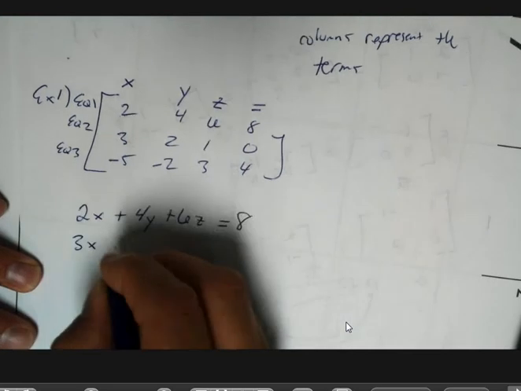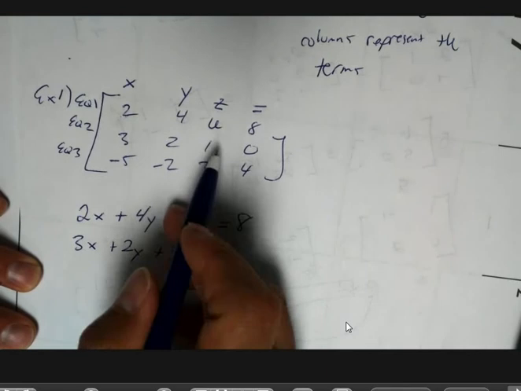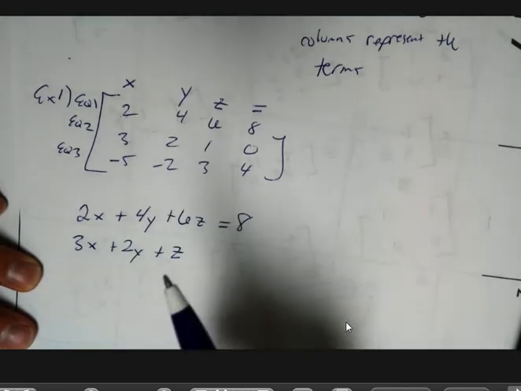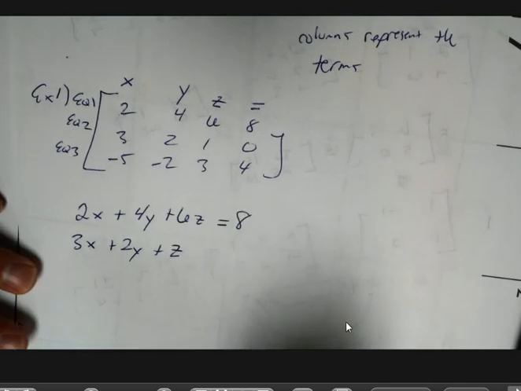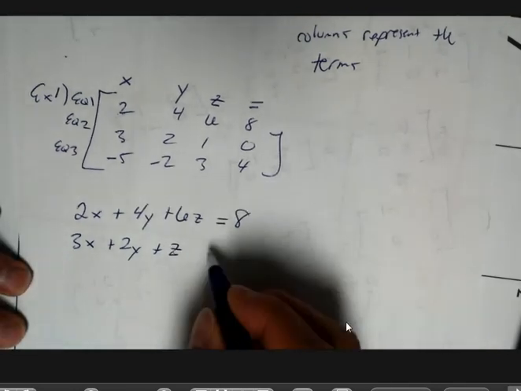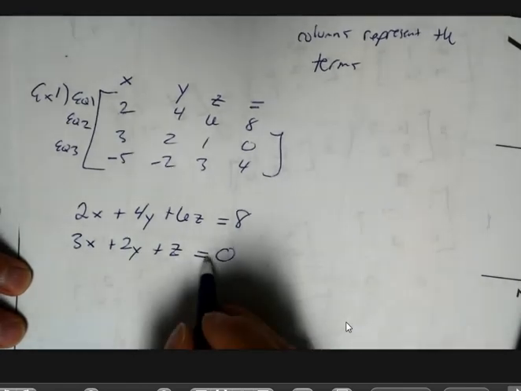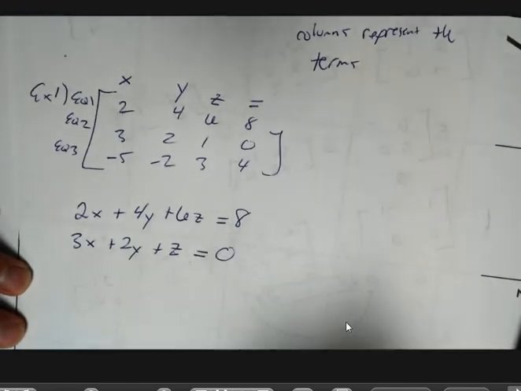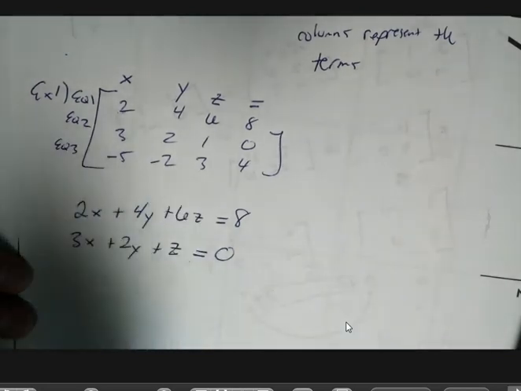So 3x plus 2y plus z. You do not have to put the 1 in there, because keep in mind the multiplicative identity says that if we multiply something by 1, it is itself. So we can just put z, and then you do have to write equals 0. You cannot leave this blank. There has to be equals a number, or it's not an equation.